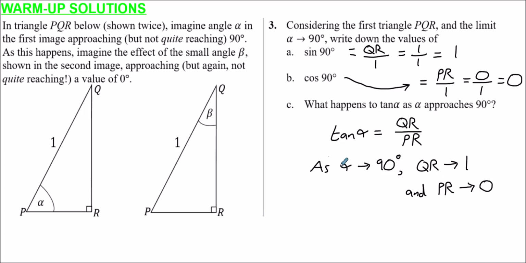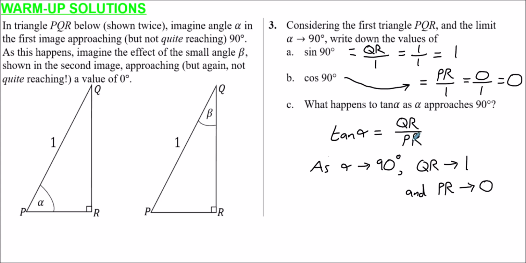So in other words, as alpha approaches 90, QR over PR goes towards 1 divided by a tiny, tiny, tiny value. As it gets smaller, it goes towards infinity. You can't actually do 1 divided by 0, it's undefined.